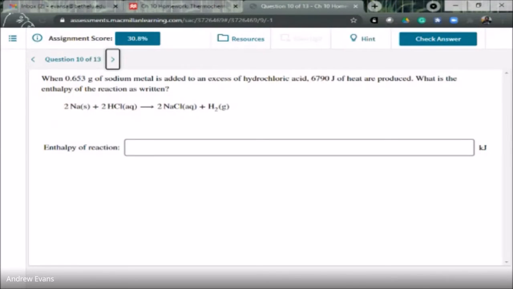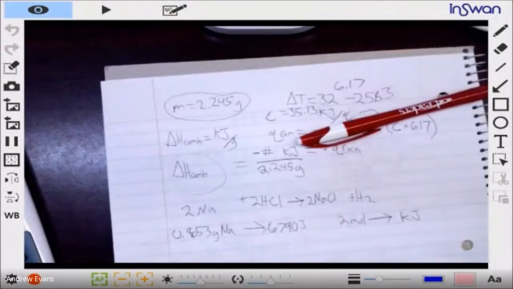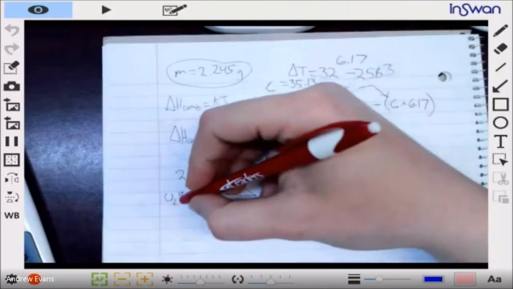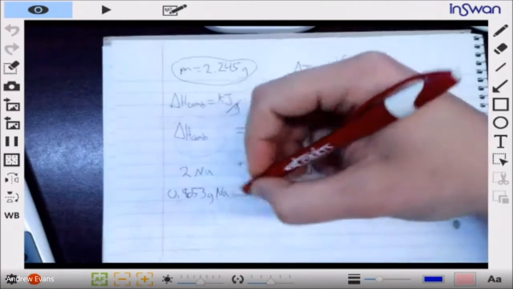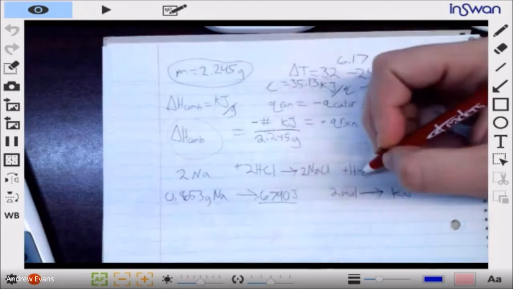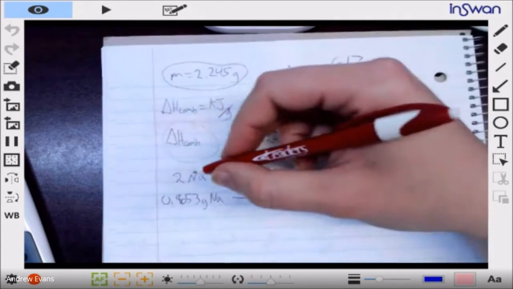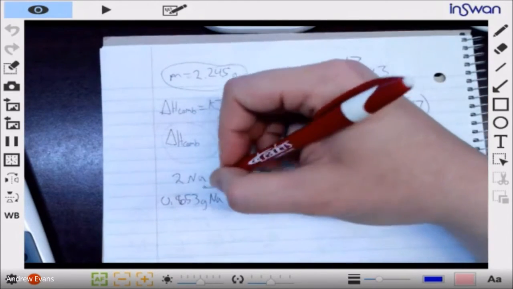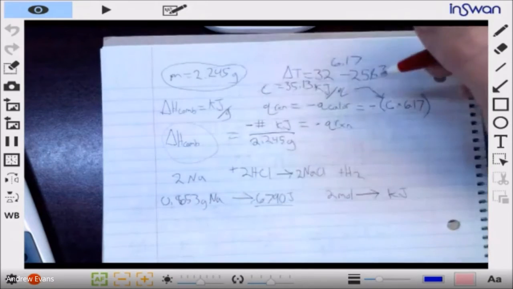I'm going to go into the dot cam real quick. They're saying if 0.653 grams of sodium gives me this much heat, this reaction asks for 2 moles of sodium reacting with 2 moles of acid.